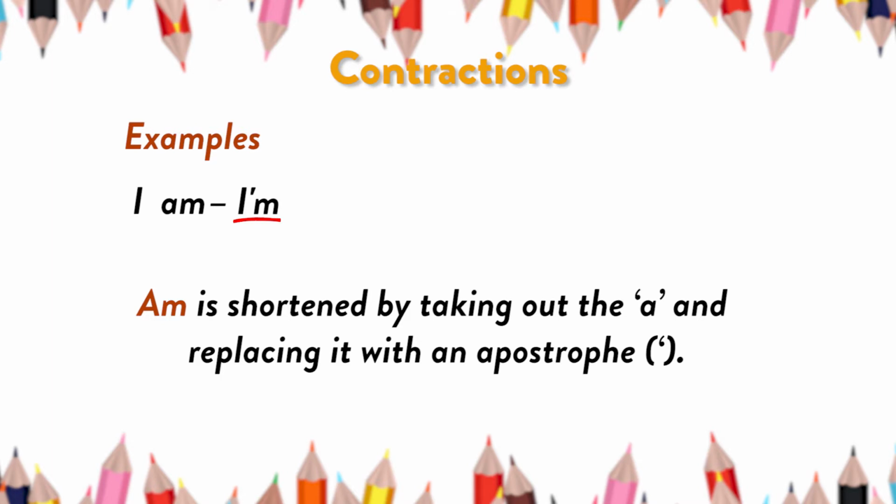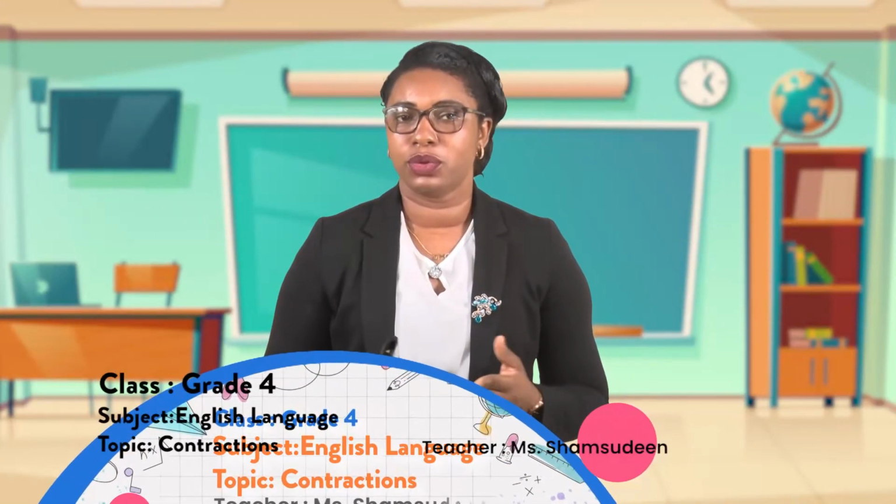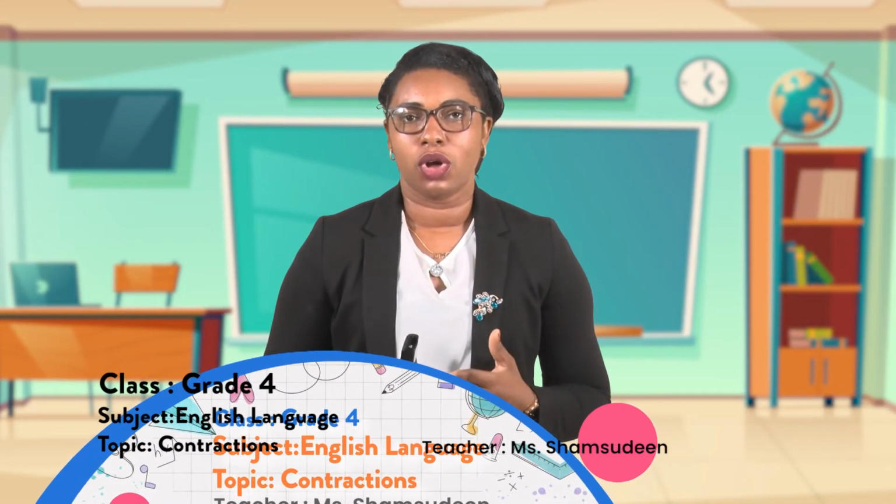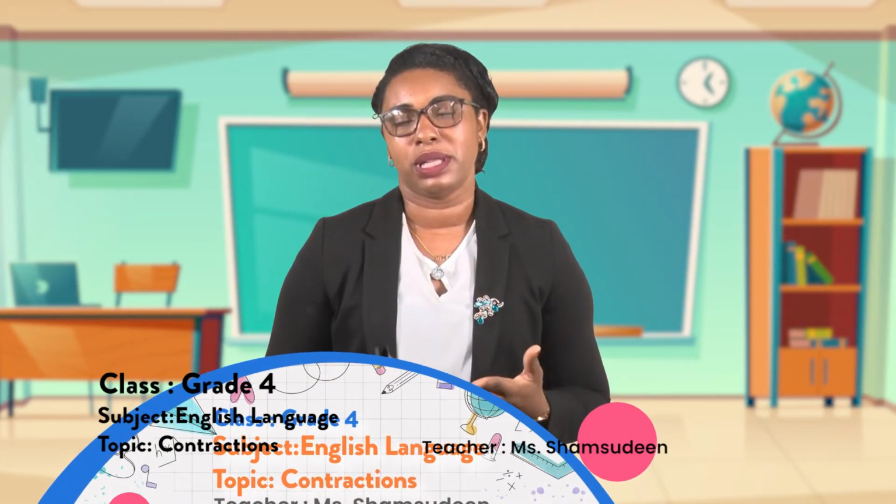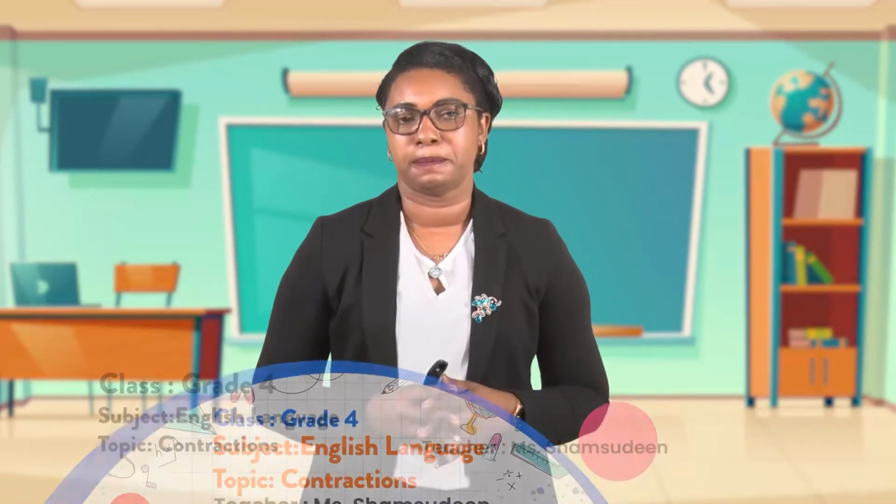So in this case, we are taking the A away from the am and we replace it with the apostrophe. So now we have I'm. Any contraction formed with am, we always take the A out and replace it with the apostrophe.